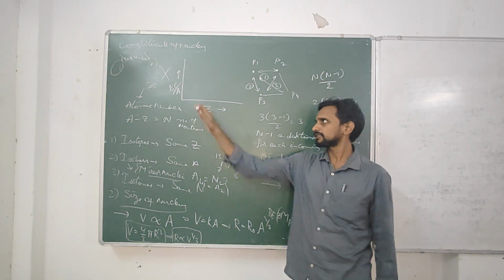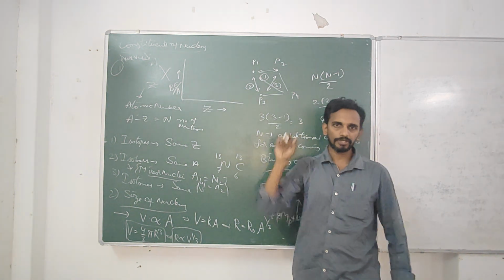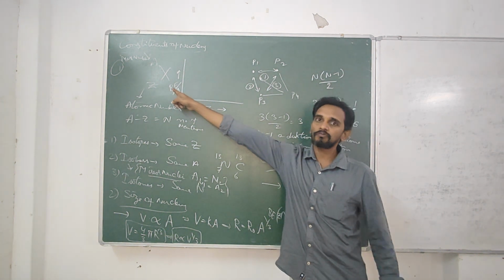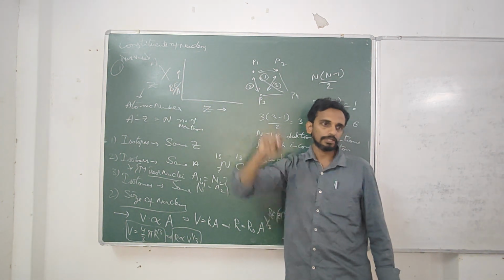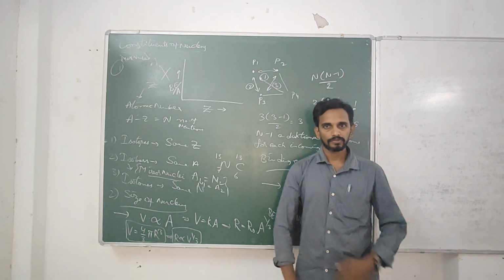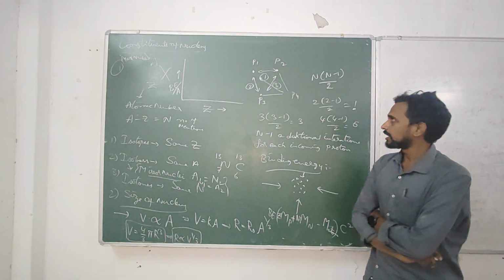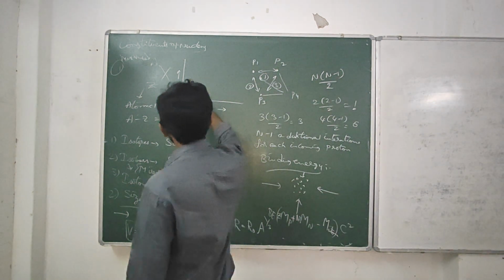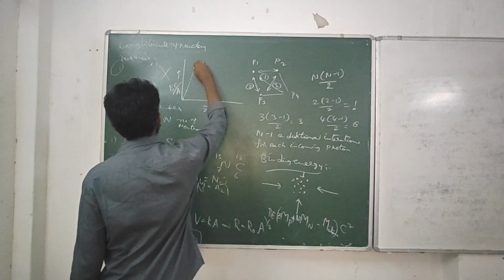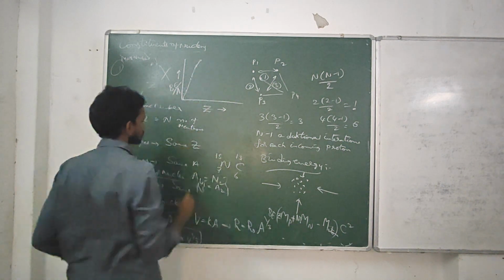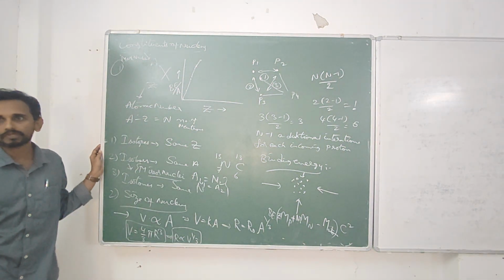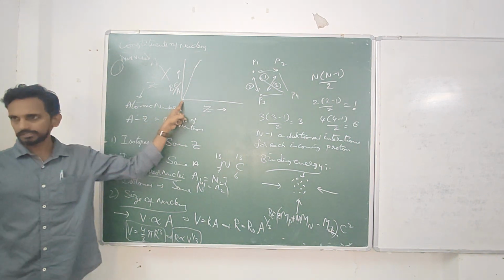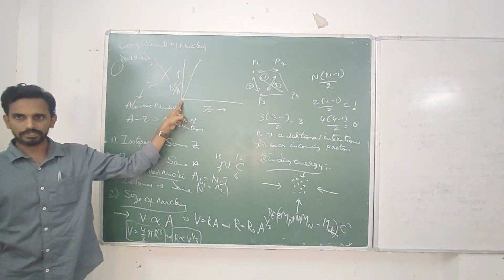As the atomic number changes, I get different elements in the periodic table, and I want to calculate the amount of binding energy required per nucleon. This binding energy increases if I go on increasing the number of nucleons. For hydrogen, the binding energy is 0; I don't need any additional energy.